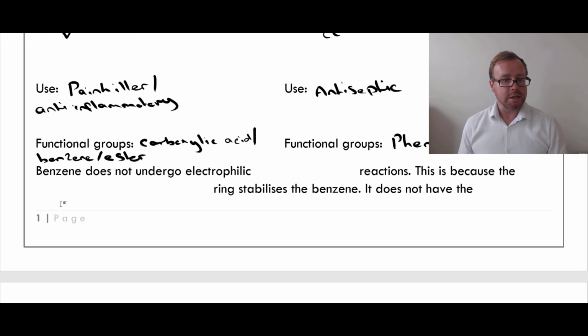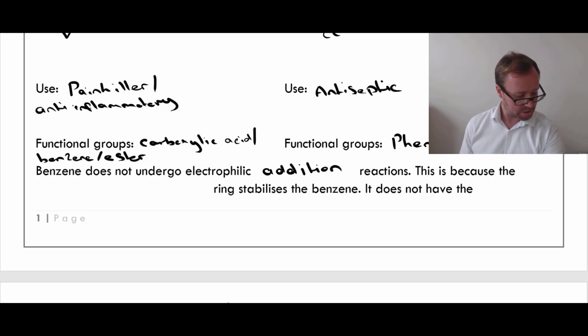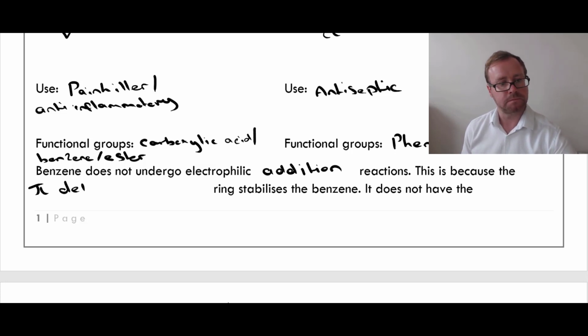So benzene does not undergo electrophilic addition reactions. This is because the pi delocalized electron ring stabilizes the benzene.